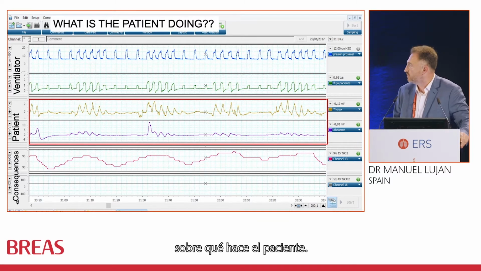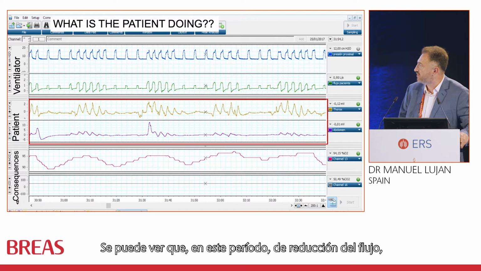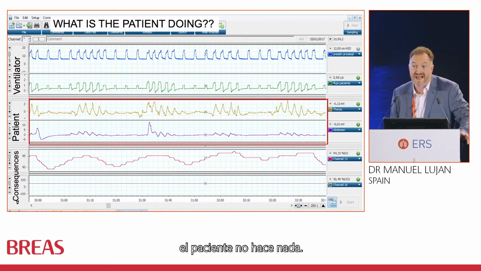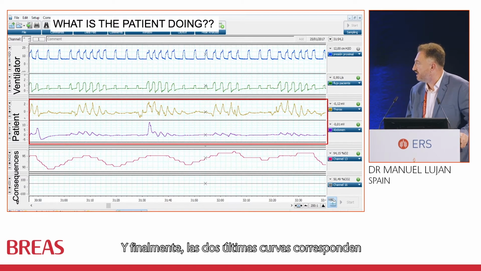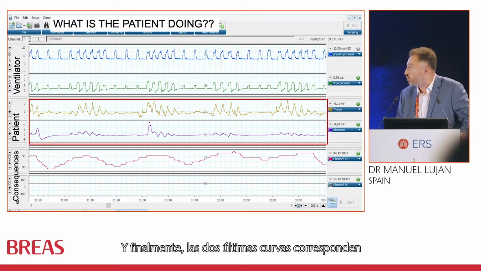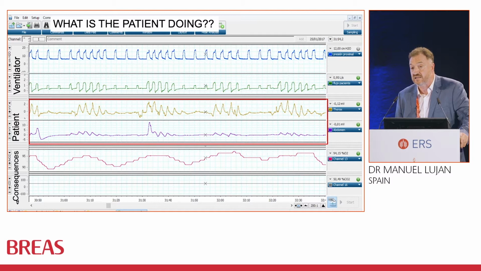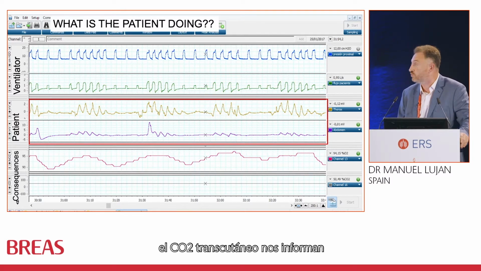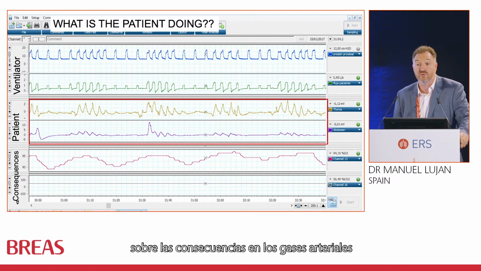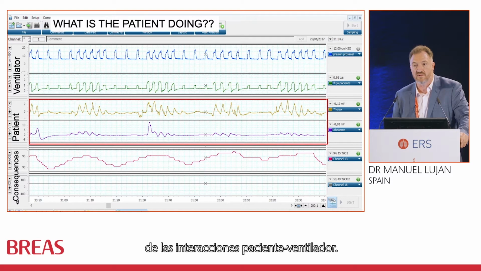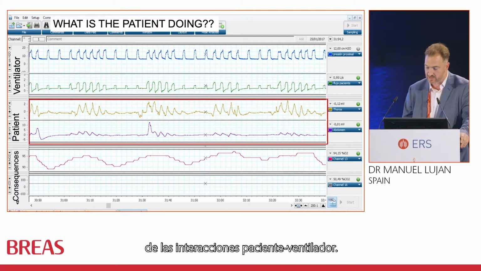You can see that in this period of flow reduction, the patient does nothing. And finally, the last two curves, corresponding to oxygen saturation and transcutaneous CO2, inform us about the consequences in arterial blood gases of these patient-ventilator interactions.